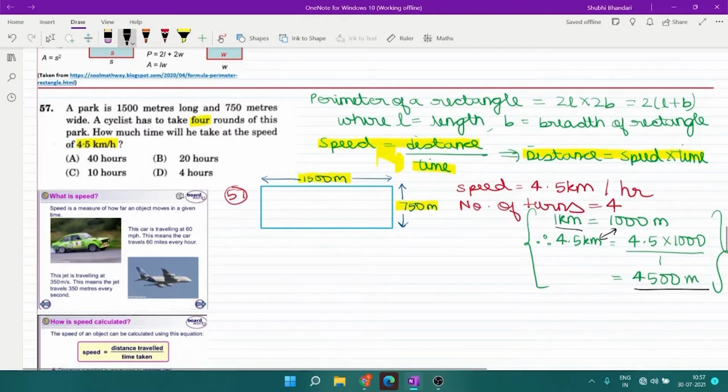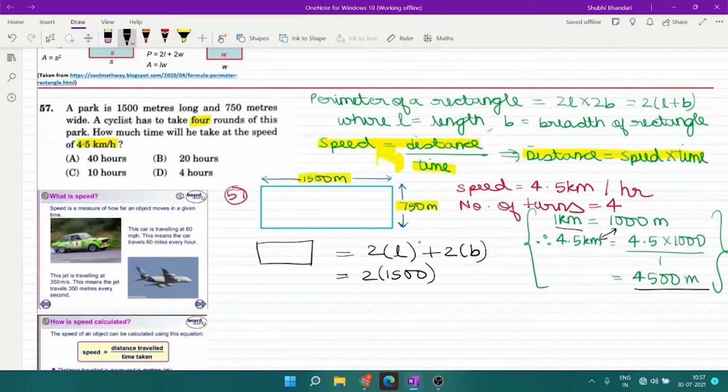Now to complete one round, the cyclist needs to go over the perimeter of the rectangle. So one round completes the perimeter. We know that the perimeter is 2 into length plus 2 into breadth. So 2 into 1500 plus 2 into 750.